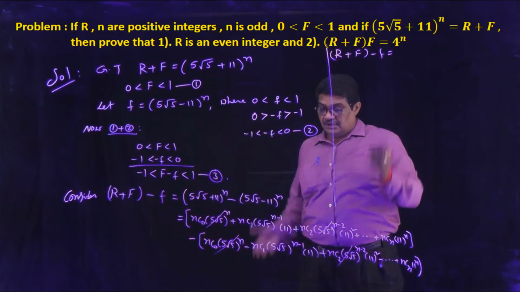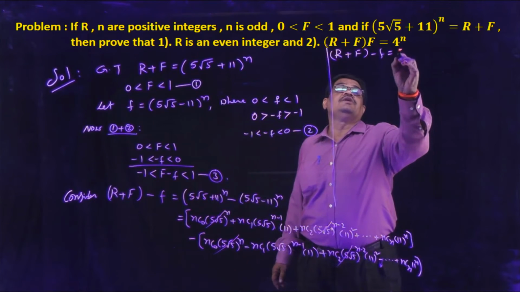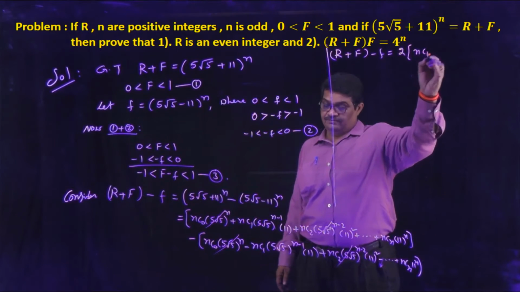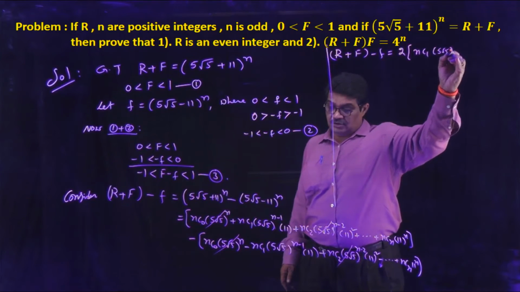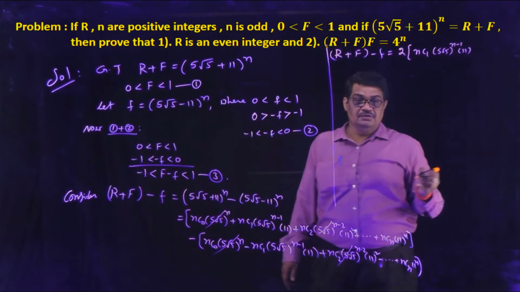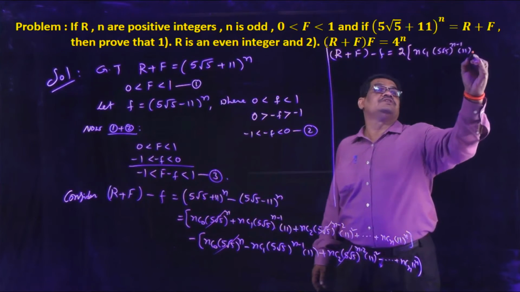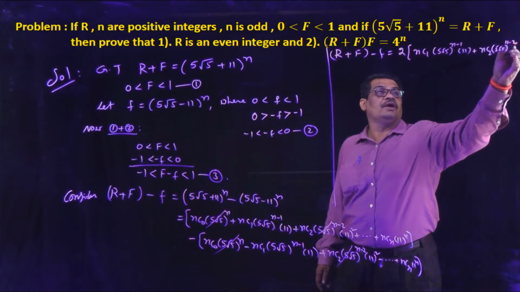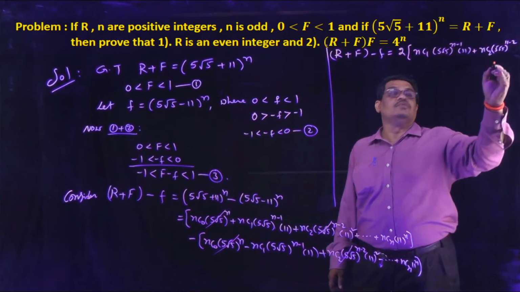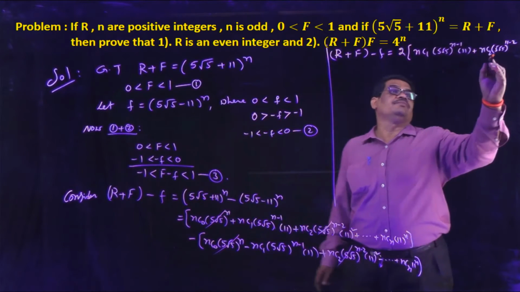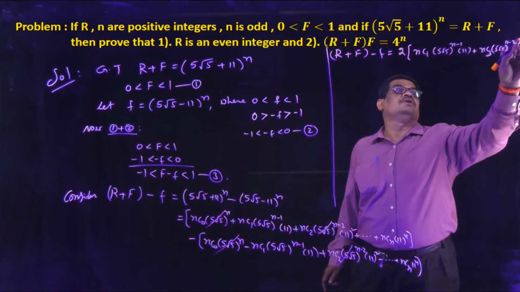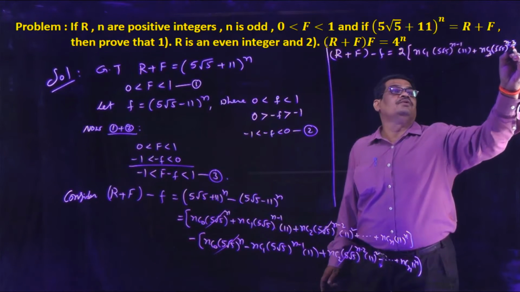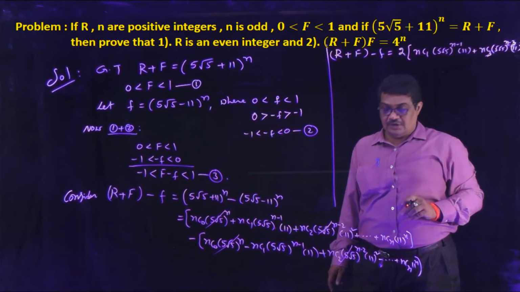Okay, now we are writing all the double terms, the 2 is common, then the remaining terms are nC1 (5√5)^(n-1) · 11 plus nC2 (5√5)^(n-2)... no, these are the odd terms: nC3 (5√5)^(n-3) · 11³.